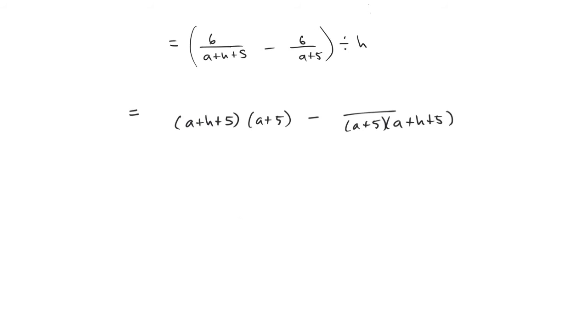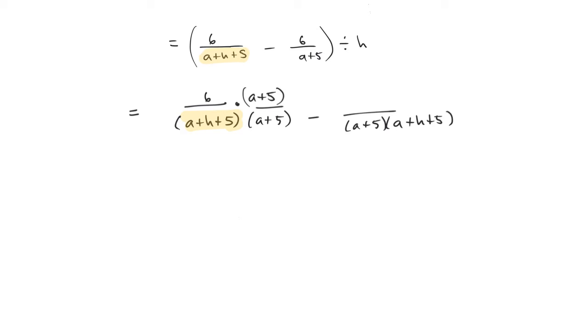Okay, so the first one already had the a plus h, but what we needed to do is multiply by the a plus 5. So let's go ahead and do that. This was all over 6, but it needed the a plus 5. What I do to the denominator, I need to do to the numerator.